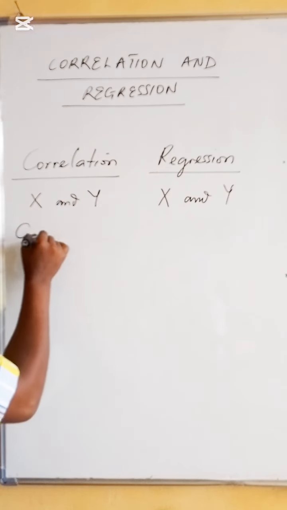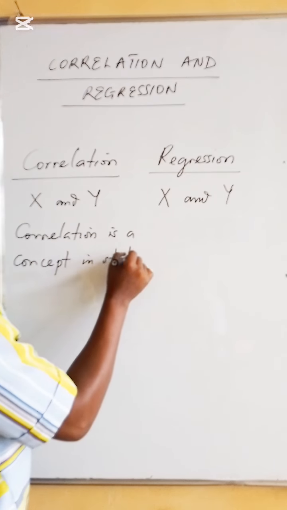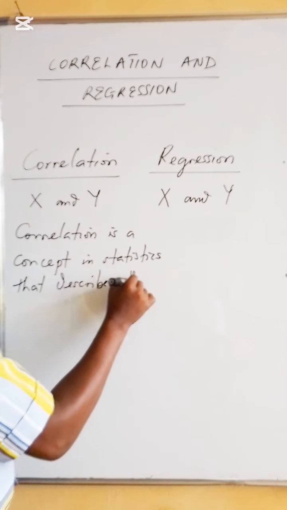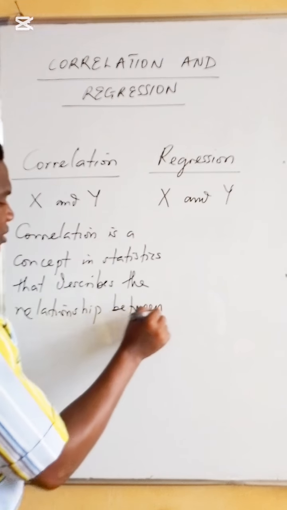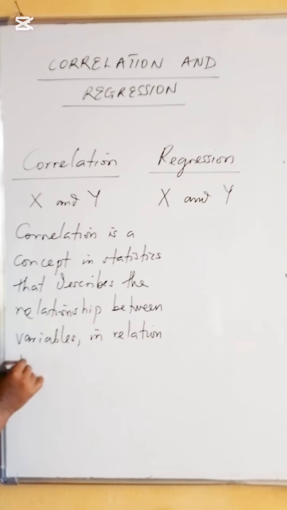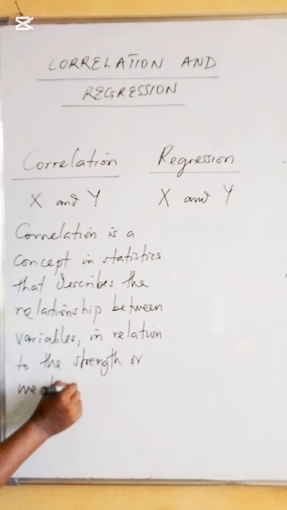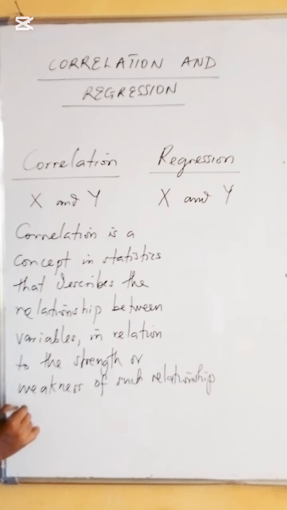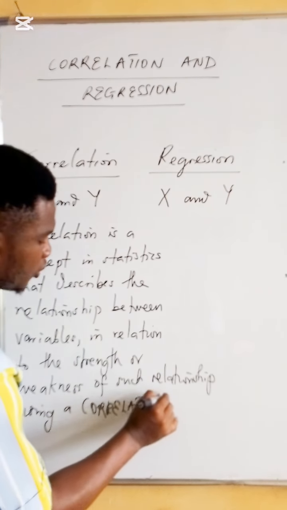So I'm going to start with saying correlation is a concept in statistics, as a field, that describes the relationship between variables in relation to the strength or weakness of such relationship, using what we call a correlation coefficient.